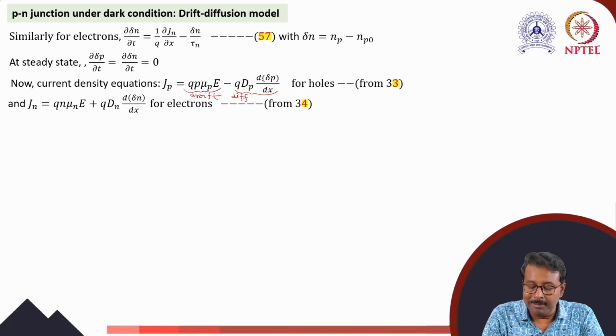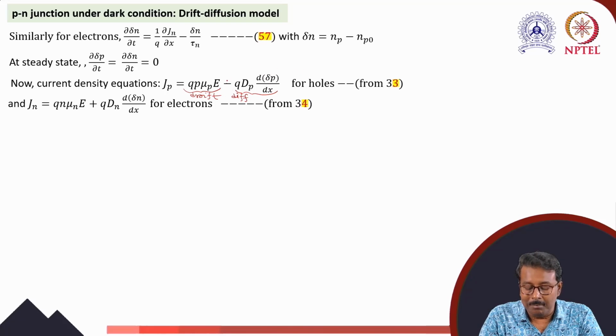So this negative and this negative combine to give a positive. Diffusion of holes from left to right in the direction of electric field, and drift of holes from left to right due to the electric field, with the electric field directed from left to right, and diffusion also from higher to lower in the same direction.